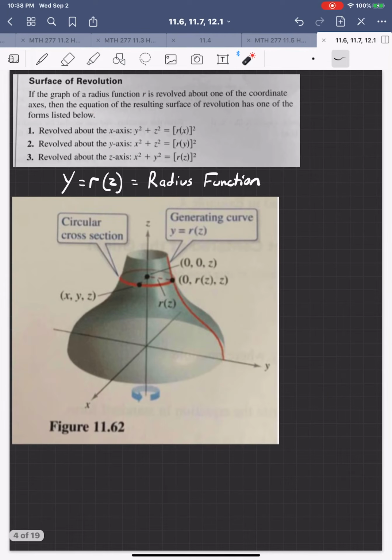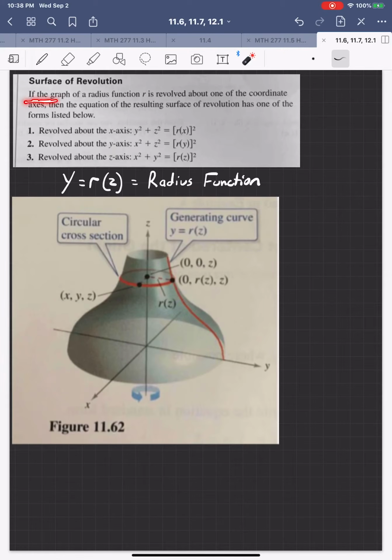And finally, the last surface that we're going to study is what we call a surface of revolution. Let me see if I can. I'll start by reading it.